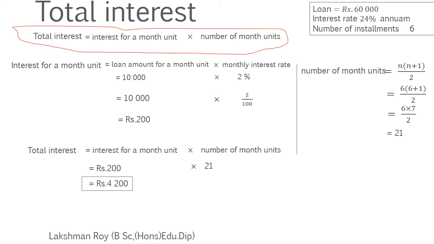Then we go to find the value of a monthly installment. Now here you can see the data. Now the total amount should be paid within 6 months, right? So remember, our loan is 60,000 rupees. For this loan we should pay the interest, right? Earlier we calculated the interest as 4,200. So what is the total amount we should pay?